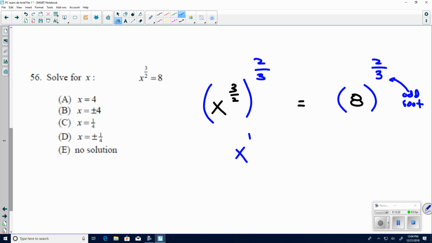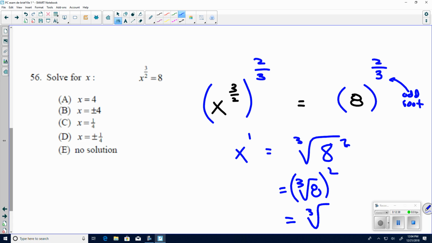So x to the first is equal to the cube root of 8 squared. And I'm a little ambiguous here. Did I mean the cube root of 8, squared, like that? Or did I mean the cube root of 8 squared like that? And in point of fact, it doesn't matter. You get the same answer either way.